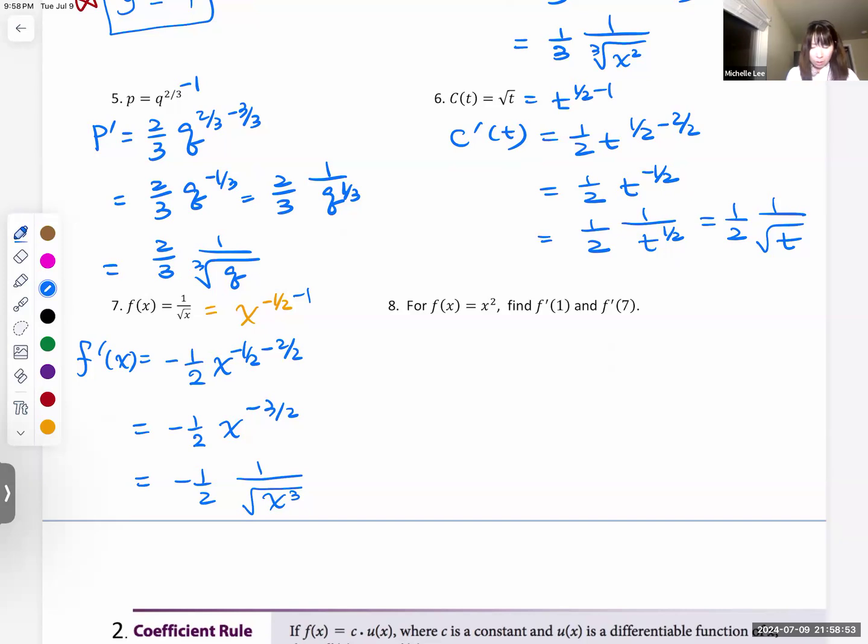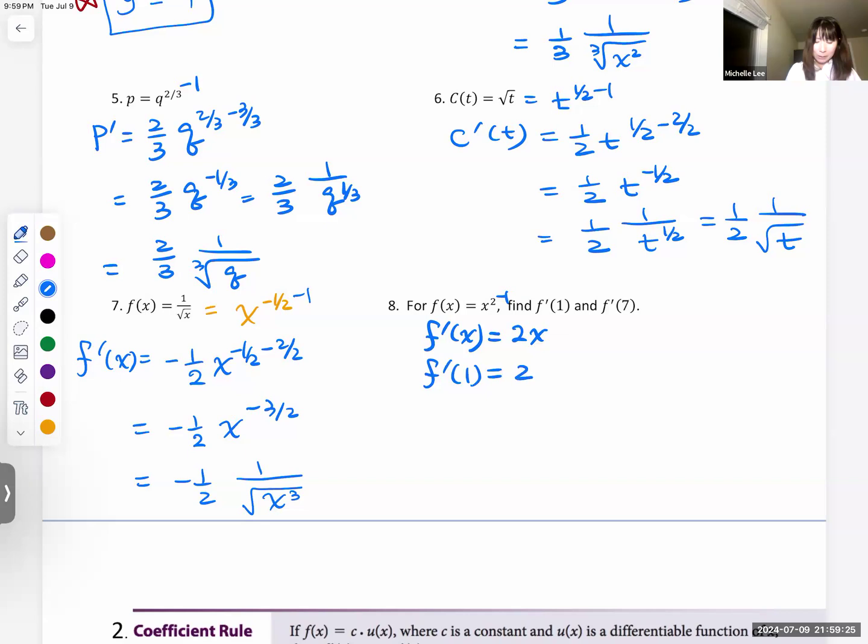Okay, now we want to find f prime of 1 and f prime of 7. So we have to find out what's the derivative of the function. Drop the power, reduce by 1. Then that's 1. We don't normally write down 1 for the power, like 1 times x. We normally just write x. Now what's f prime of 1?